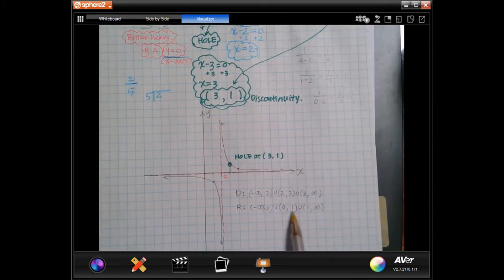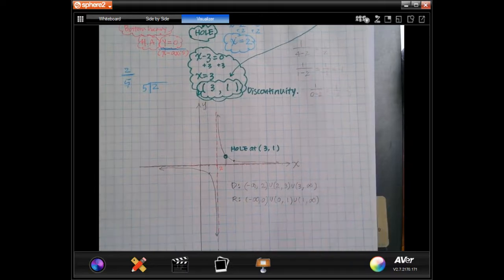So your domain and range will get a little bit more complicated.